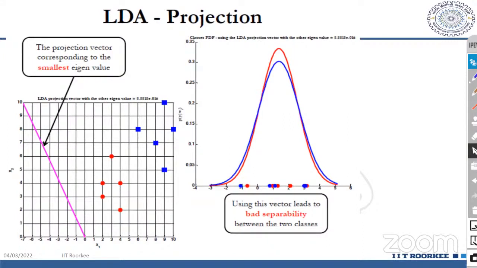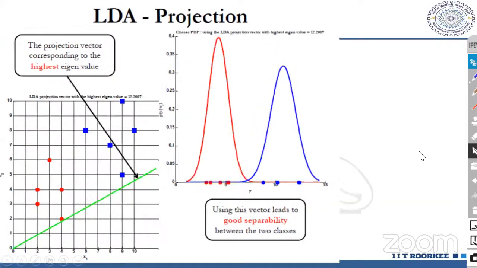You are reducing the dimensionality, that means you are going for a one-dimensional line. In the one-dimensional line, you can find the separability, you can find the solution. That is the meaning. Okay, so that is called LDA, linear discriminant analysis.